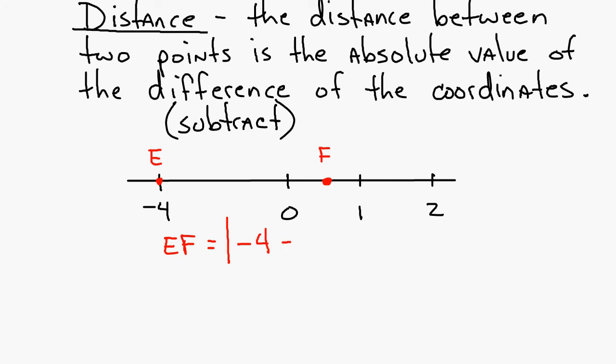And if you subtract the coordinate of F, in this case 0.5, the absolute value of that difference is the distance. So that would be the absolute value of -4 minus 0.5, which is -4.5. So the distance from E to F would be equal to 4.5.